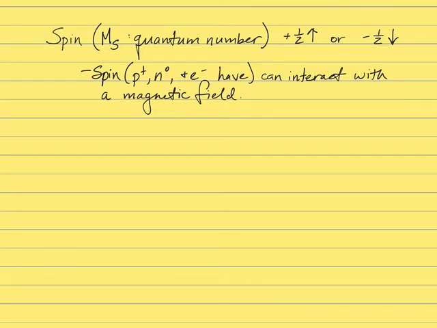There are two types of magnetic fields that are going to play a role in NMR spectroscopy. The first one is an external magnetic field. The external magnetic field is provided by the instrument.